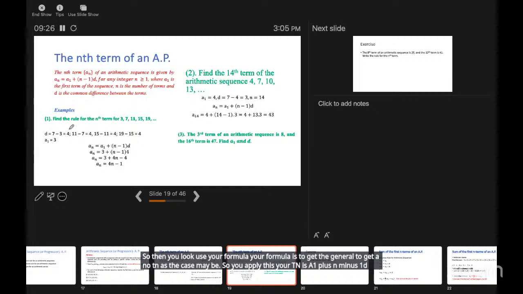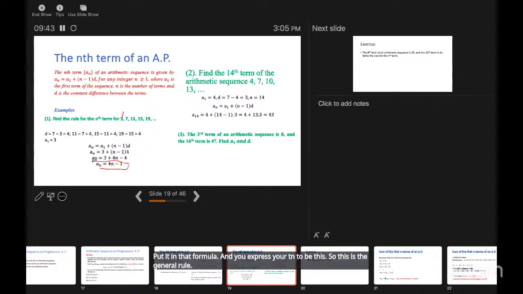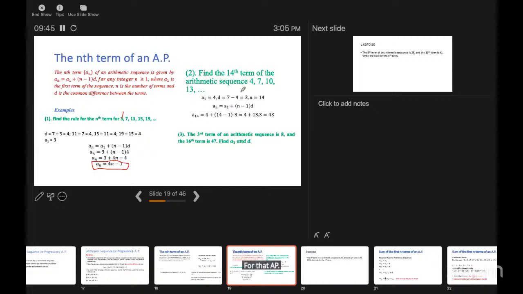Substitute your A1, the first term, which is 3. Then your D is 7 minus 3, or 11 minus 7. Put it in that formula and you express your Tn to be this. So this is the general rule for that AP.